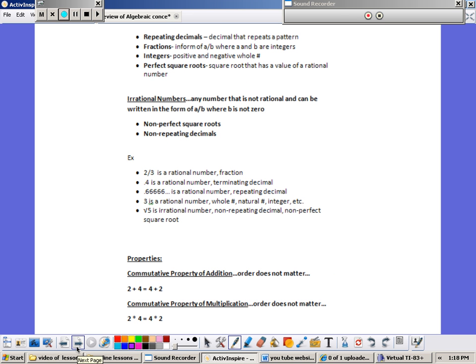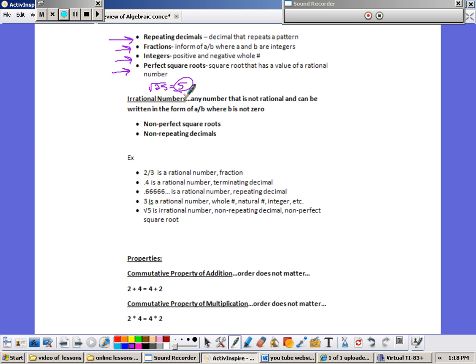Other things that are rational numbers are repeating decimals. Repeating decimals are decimals like 0.33333333, which can be written as 1/3, so it is a rational number. Fractions, integers, which we already talked about, and perfect square roots, like the square root of 25 is 5. So that is a rational number.